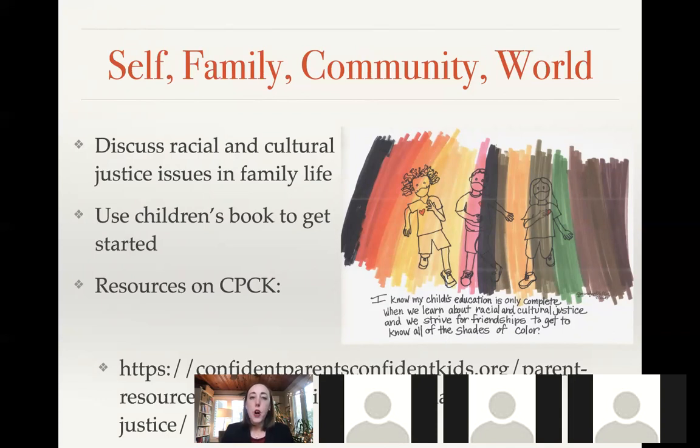And if you are a family of color, then how can you talk about the fears, talk about the difficulty of the news stories, the grief, and support one another in the big feelings that are even bigger right now because of the many tragedies that have taken place.